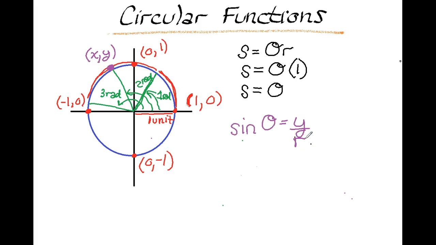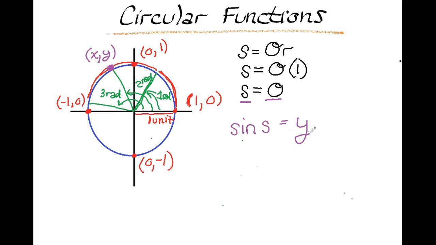But for our circular functions, because theta and our arc length are the same, I can go ahead and change this from theta to s, our arc length. And what else can we change? We can also change r. r is 1, so we can rewrite this as y over 1, which is really just y.